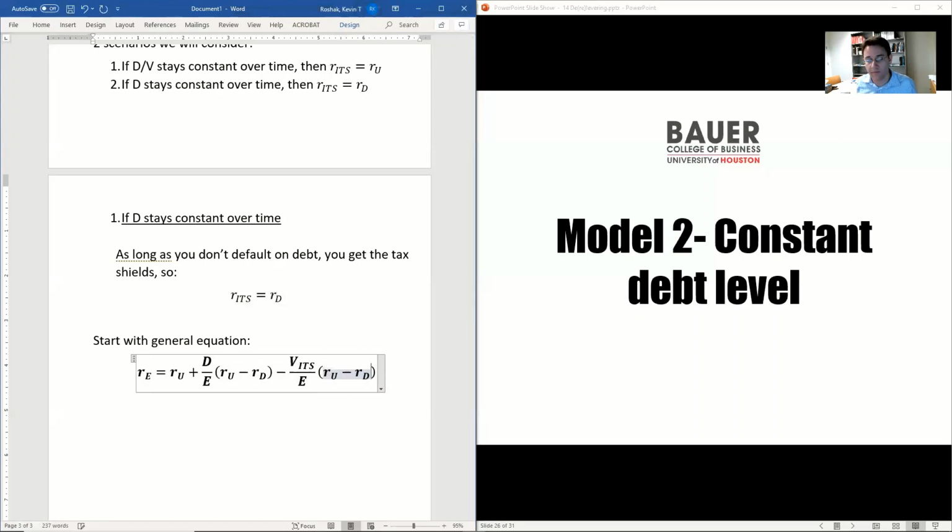So we have that substitution here, and then we'll combine this term with that term. It's the same thing, right? The discount rate on the assets is the same thing as the discount rate on the debt. Those two things are the same, and likewise the denominator is the same. And so we're left with the following.